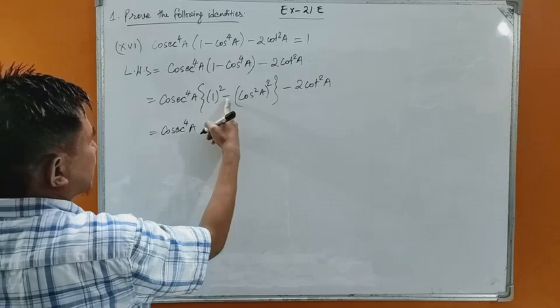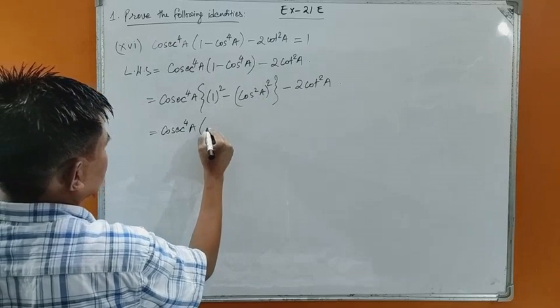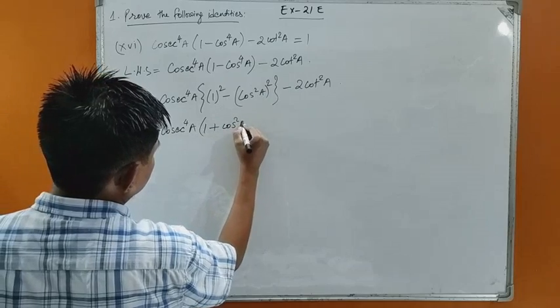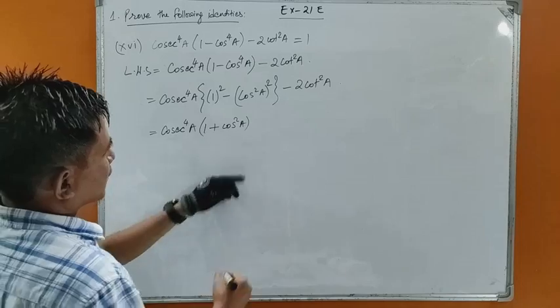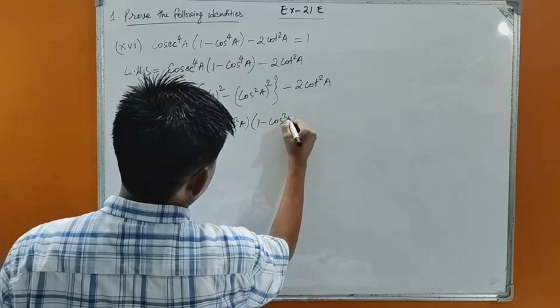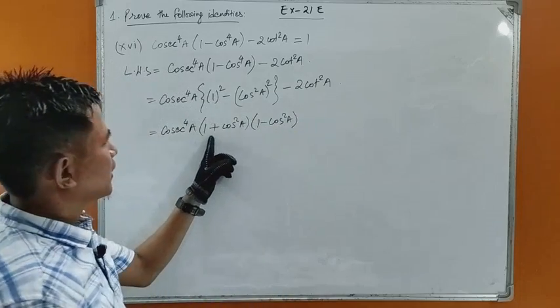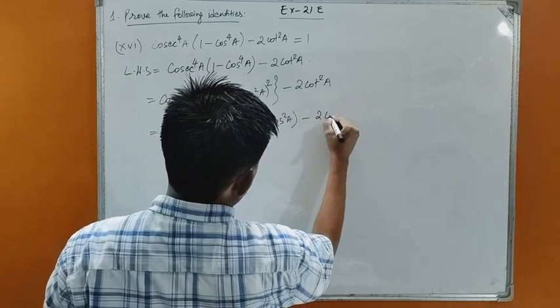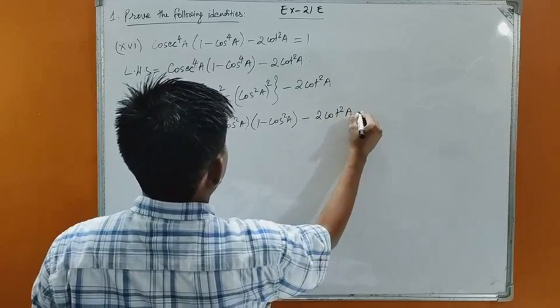Okay, 1 squared means 1, cos square a into square means cos to the power 4a. So this is cosec to the power 4a. So a square minus b square means a plus b, 1 plus cos square A into A minus B, 1 minus cos square A, isn't it? A plus B into A minus B minus 2 cot square A. Okay.